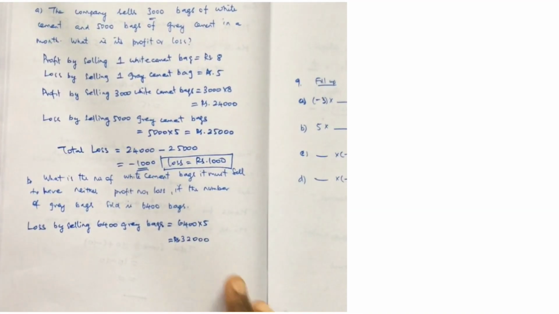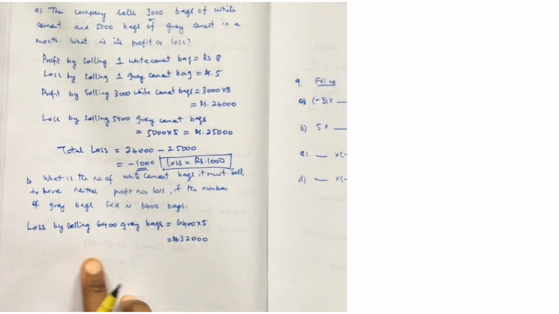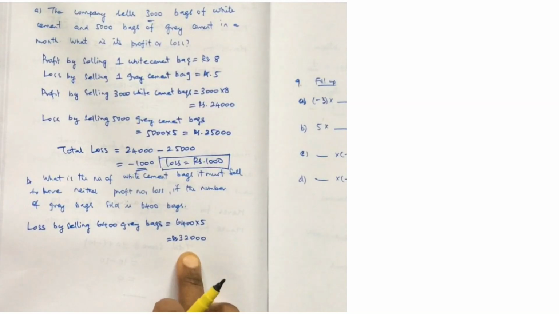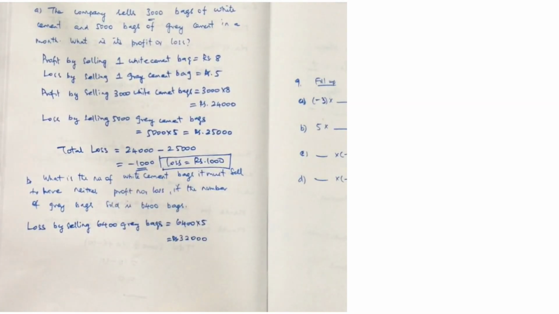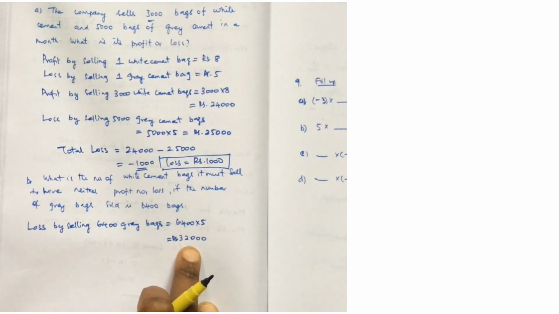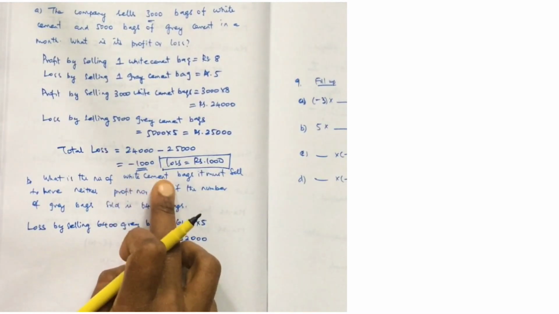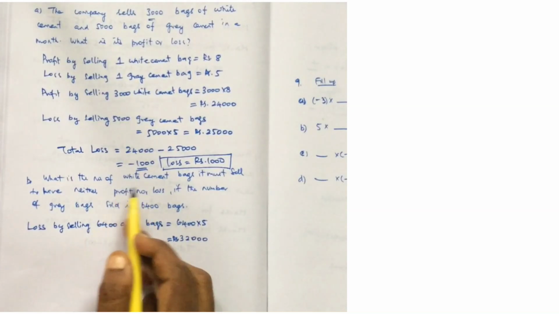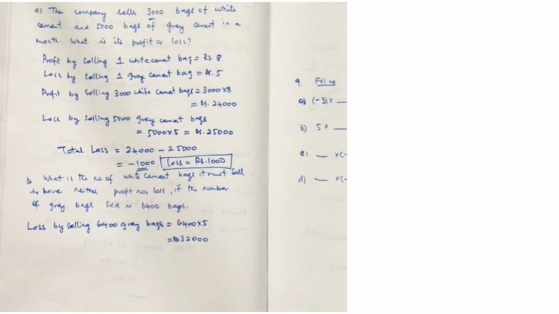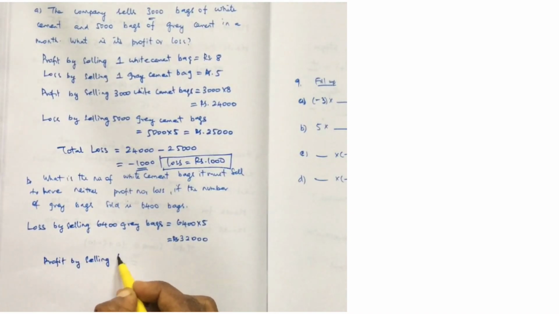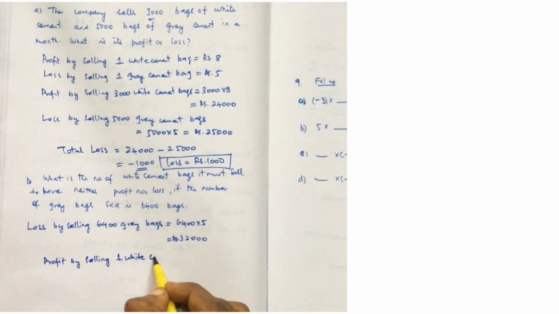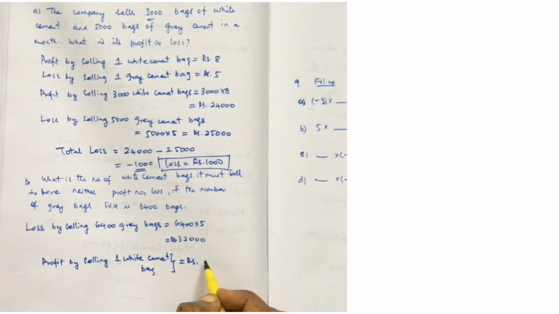Now the question is, the same amount of profit, that is 32,000, they should get by selling white cement bags. Now we have to calculate how many white cement bags they have to sell to get this profit. The profit by selling one white cement bag: if they sell one white cement bag, they are getting rupees 8.